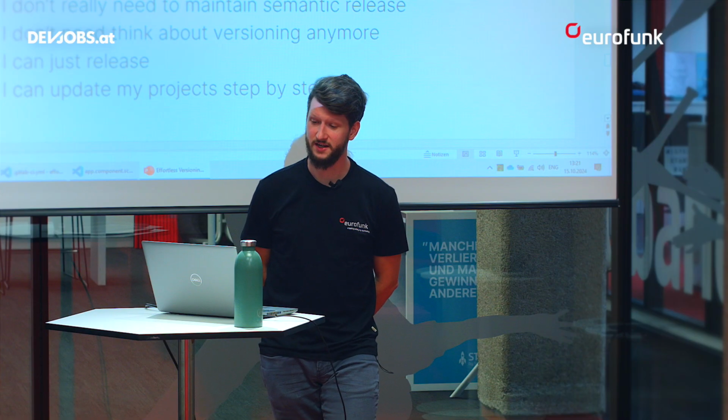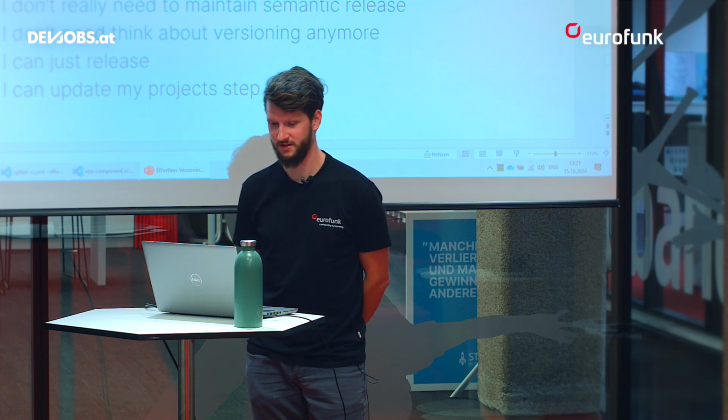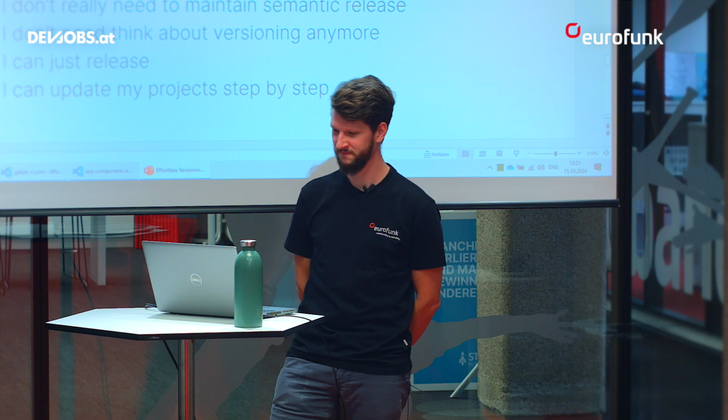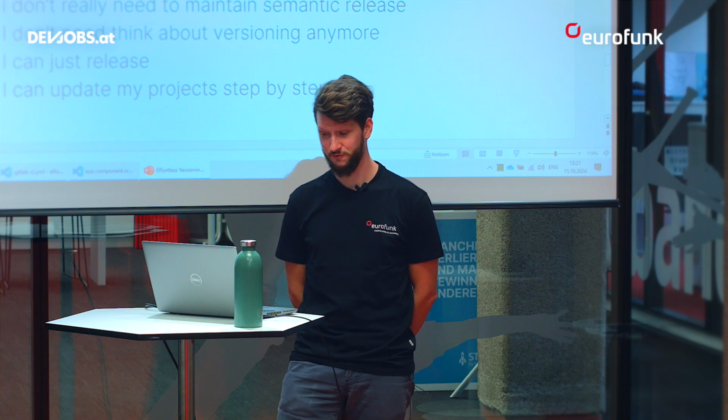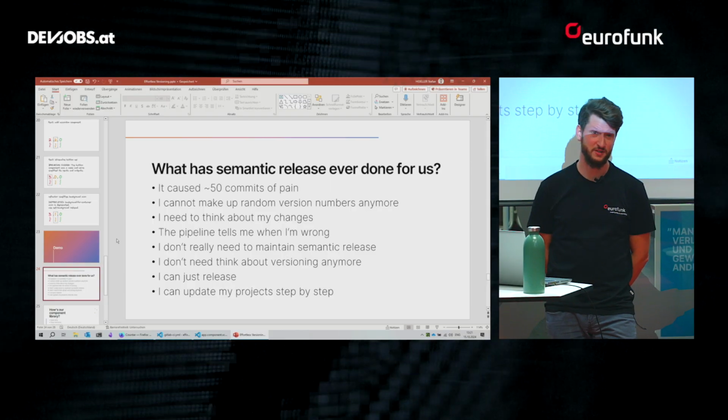One thing is I don't really need to maintain Semantic Release after it has been set up properly, because they avoid breaking changes quite a lot, and it very often just works. I don't need to think about versioning anymore, which is great. I can just release it.